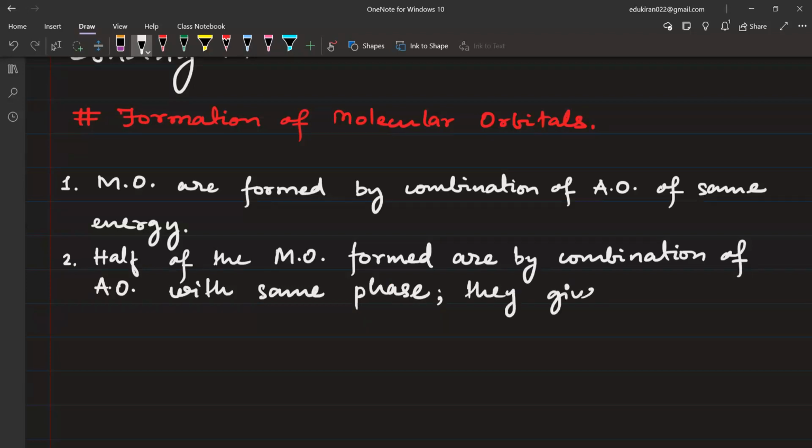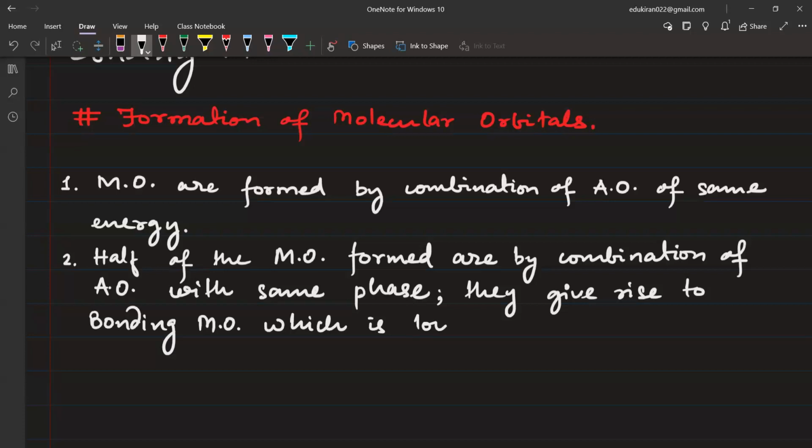They give rise to bonding molecular orbital, which is lower in energy.